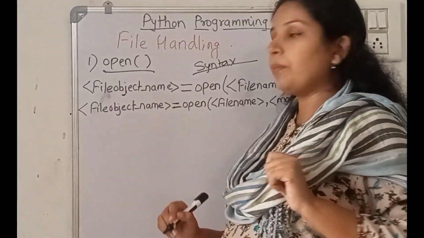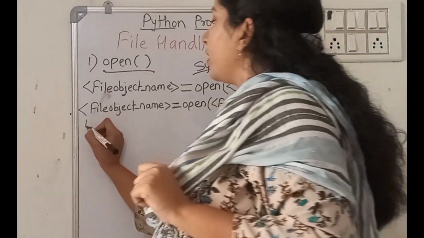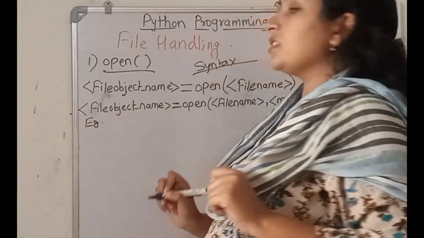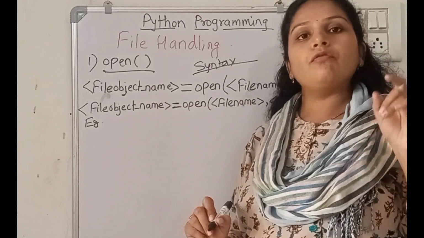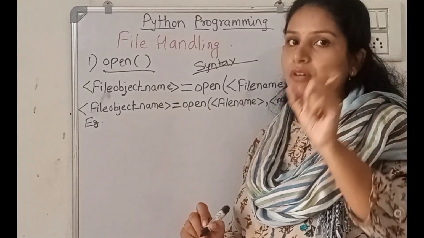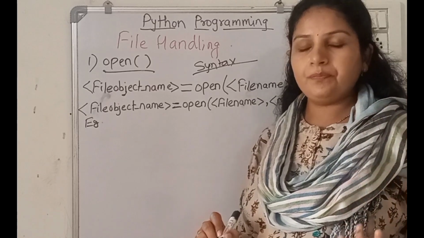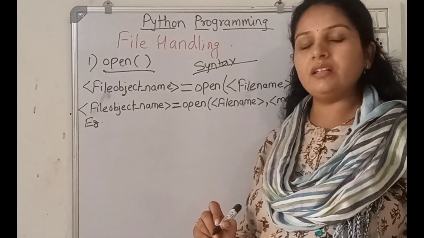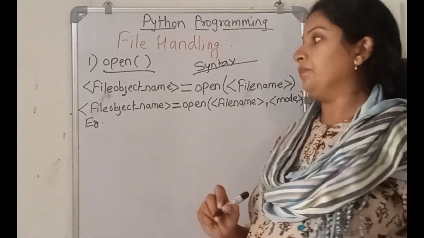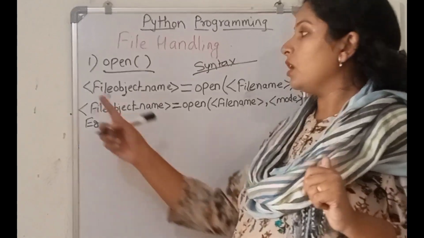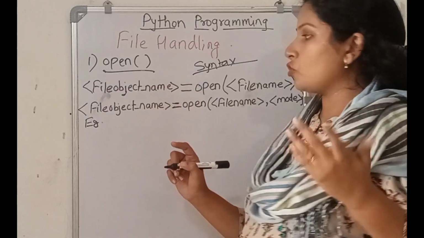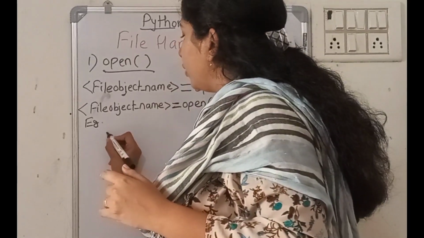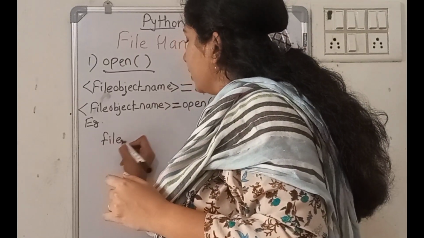Now see the example of the open function. Suppose in my computer, one file named data1 is already there, and I want to open that file and read from it. So what will I do first? I will create the file object name. Suppose I have created the file object name as file1.